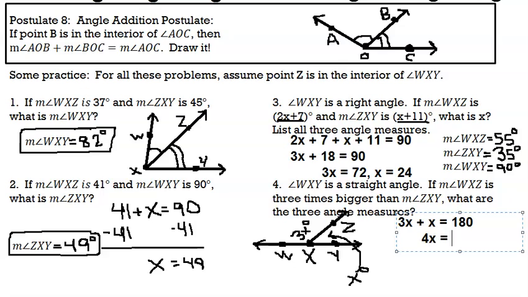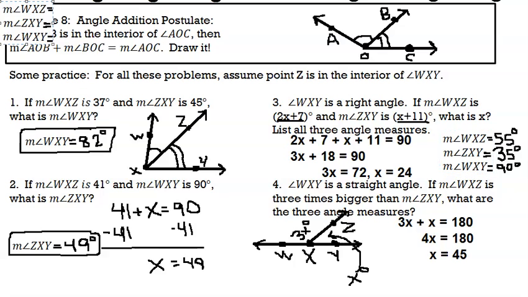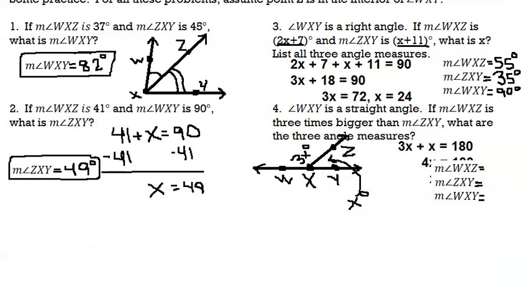Now from here, once you have the setup to these problems, it's usually actually pretty easy. You combine like terms, divide by 4, x is 45. So now the last thing you have to do, it did say at the end you have to list all 3 angle measures. So that's what we're going to do here. I'm going to run out of room, so I'll just scroll down just a little bit more.